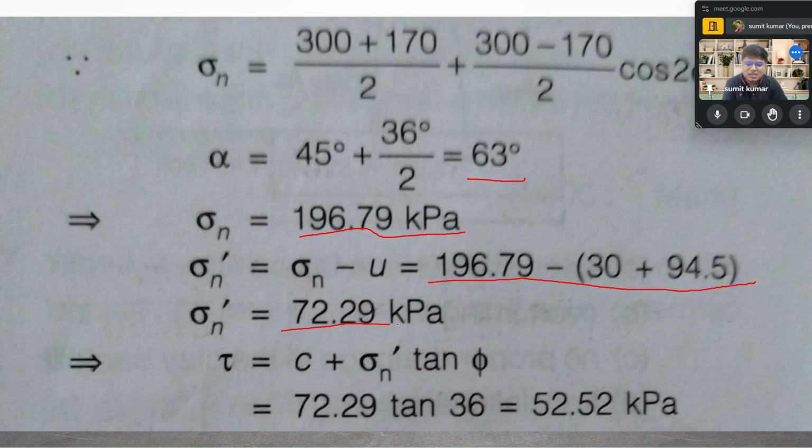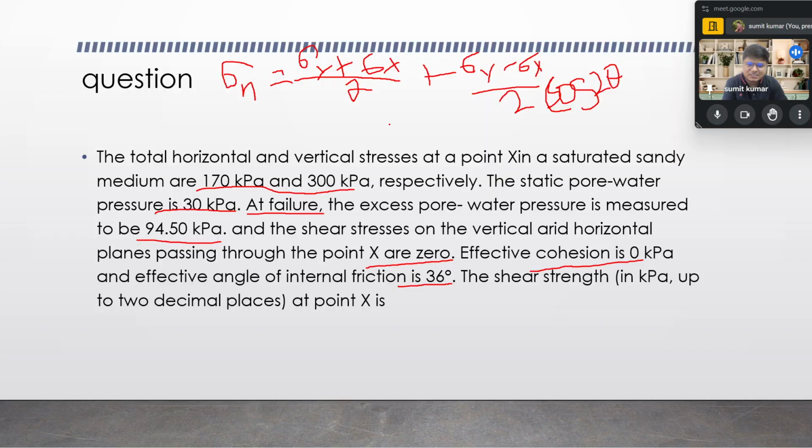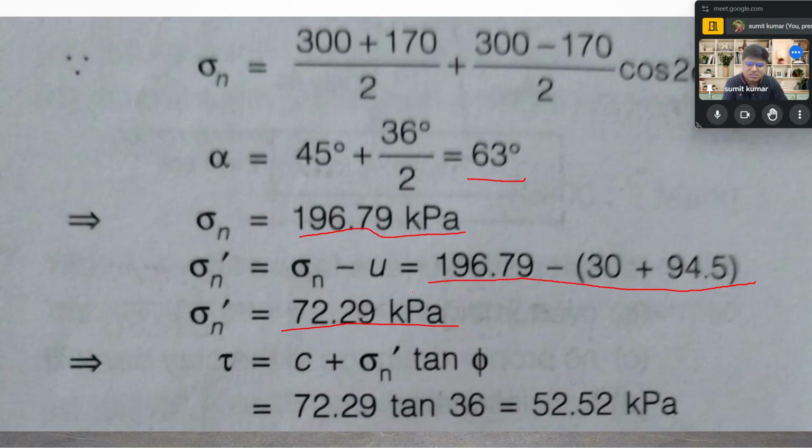As we know, tau equals c plus sigma n dash tan phi, and the value of sigma n dash is already known, and phi equal to 36 degrees is also known to us, the internal friction angle as written over here. So we are able to find the value of shear strength as 52.52 kPa, which is going to be our answer, right?